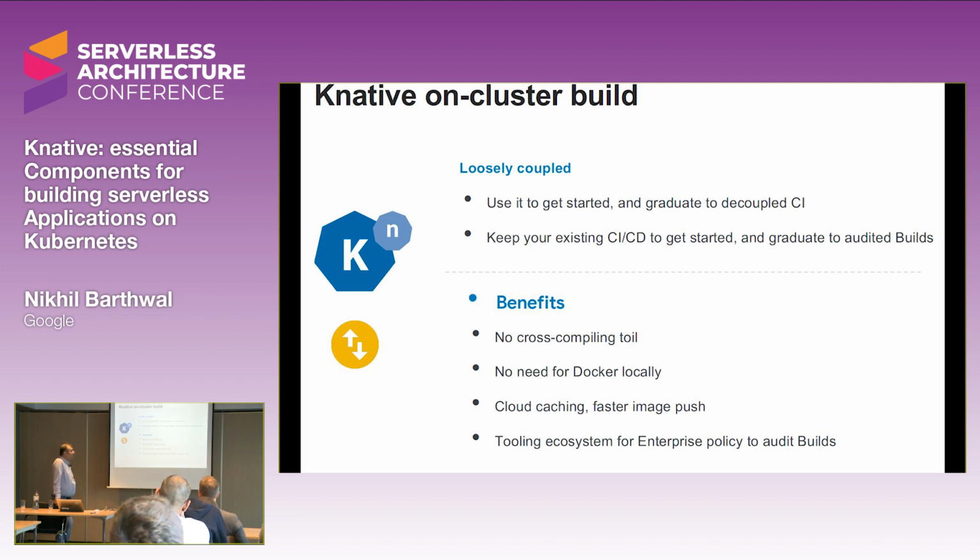So it kind of graduates to decoupled continuous integration. You want to use your existing CI/CD, but then you can graduate to audited builds, and there are a lot of benefits to it. So you don't have to cross-compile or run Docker locally, cloud caching, etc. I love builds on cluster.